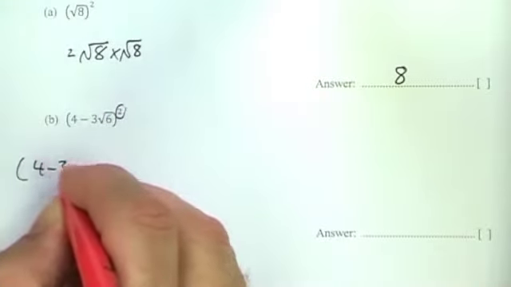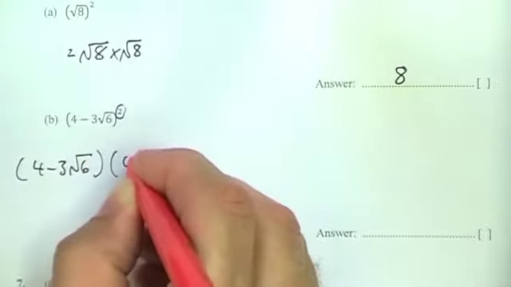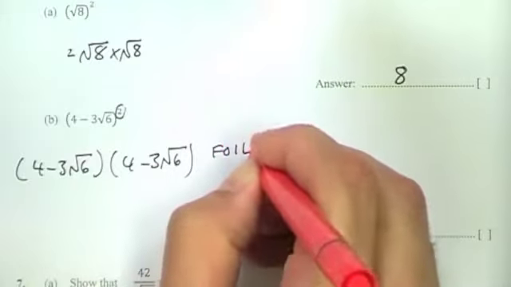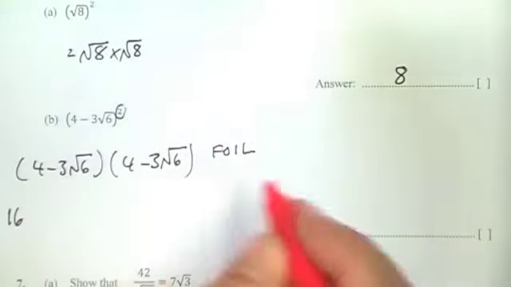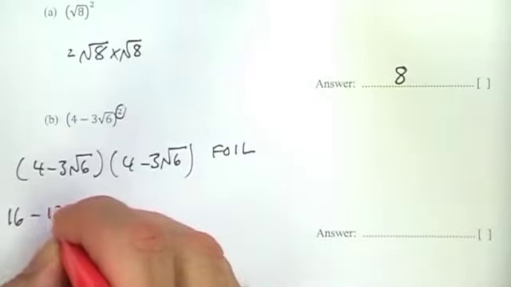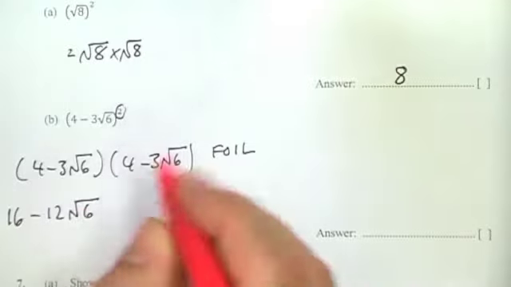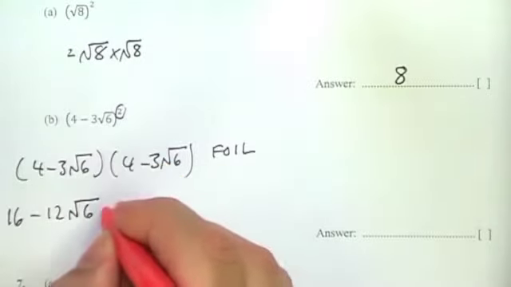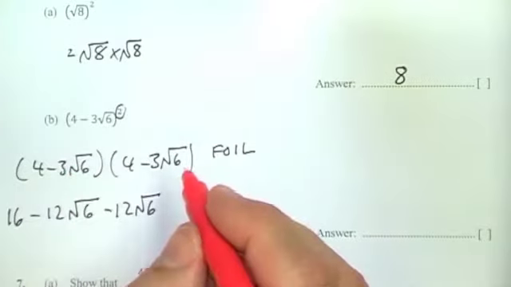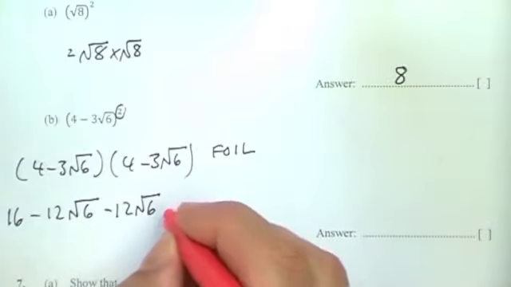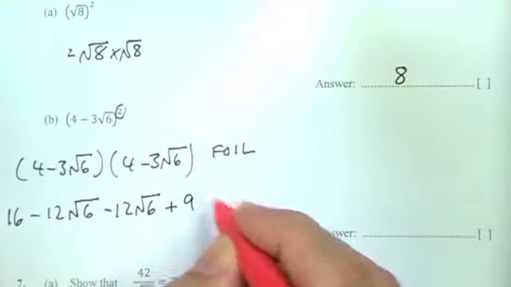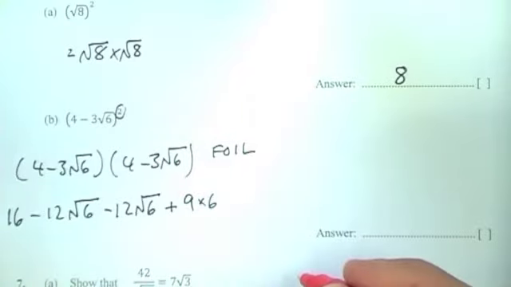So it's 4 minus 3 root 6 times 4 minus 3 root 6, and then apply FOIL. So the first terms come to 16. The outside terms is 4 times minus 3 root 6, that's minus 12 root 6. The inside terms are also minus 12 root 6, and the last terms are going to be minus 3 root 6 times minus 3 root 6, that's plus 3 times 3 is 9, root 6 times root 6 is 6.